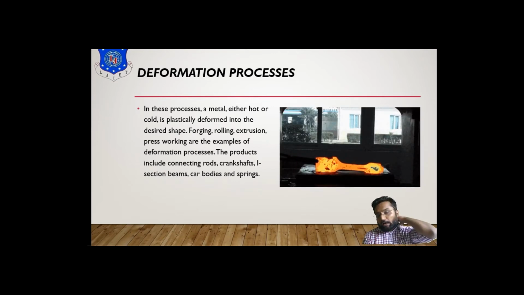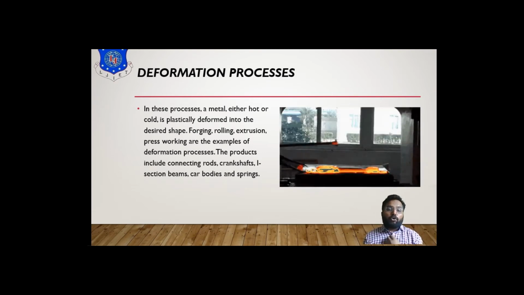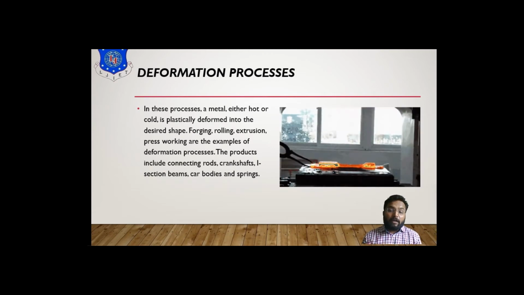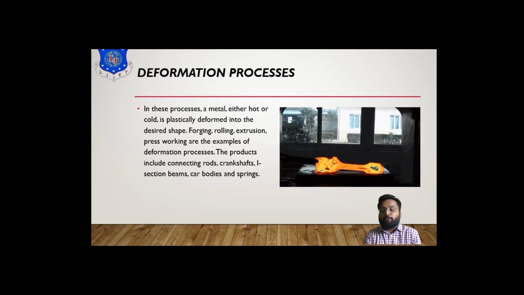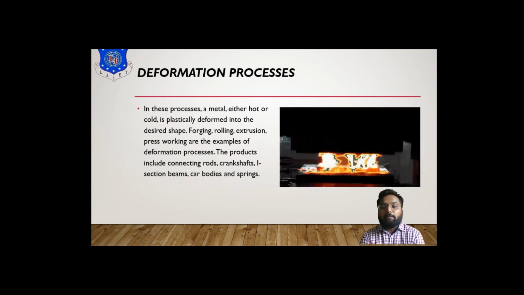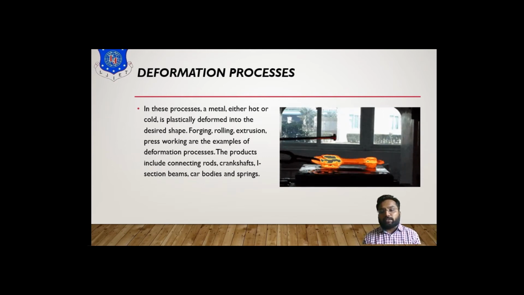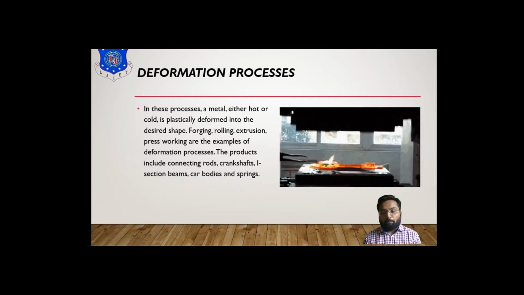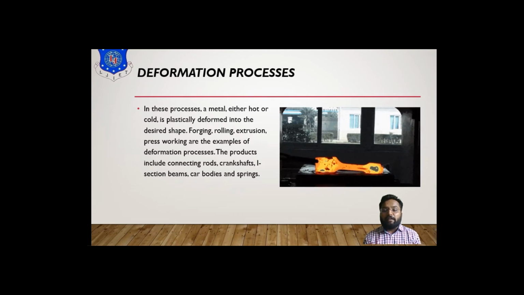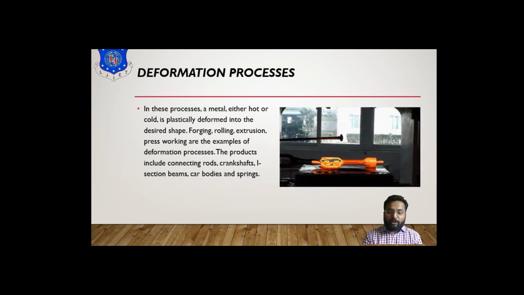So when we are required to keep costs low, the casting process is the preferable process. But in the case of the forging process, we will have this kind of complex shape and strength. It could be a cold working process or it could be a hot working process.